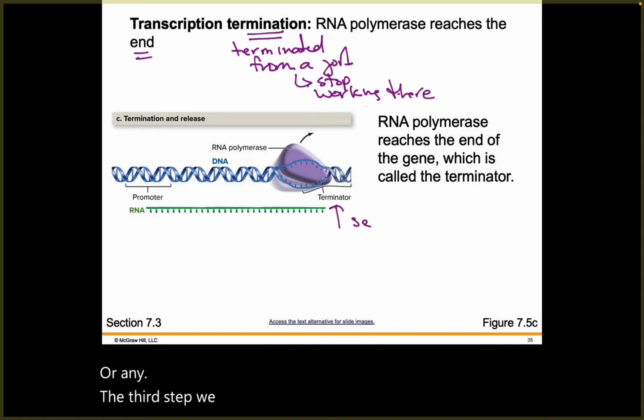There is a terminator sequence that tells the RNA polymerase to stop. And once it reaches that end of the gene, it stops, it falls off.